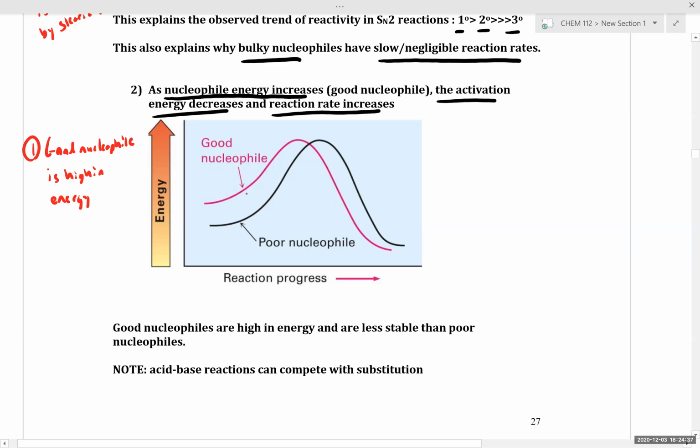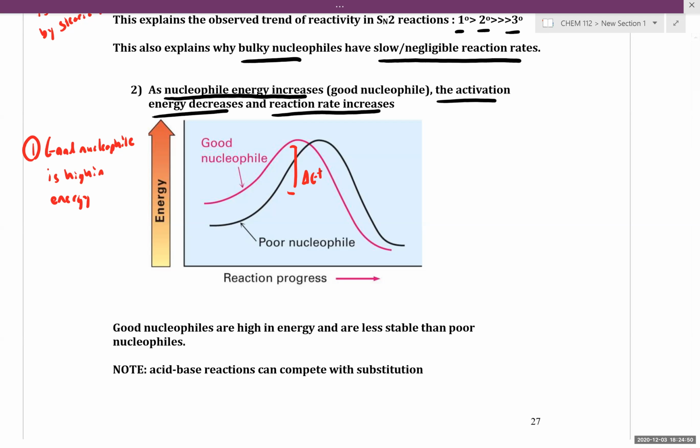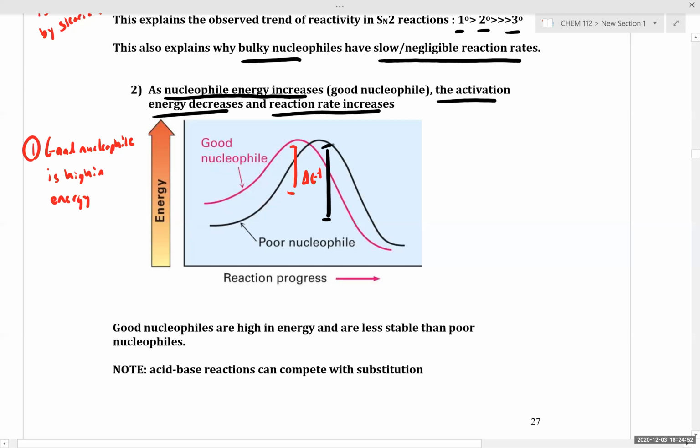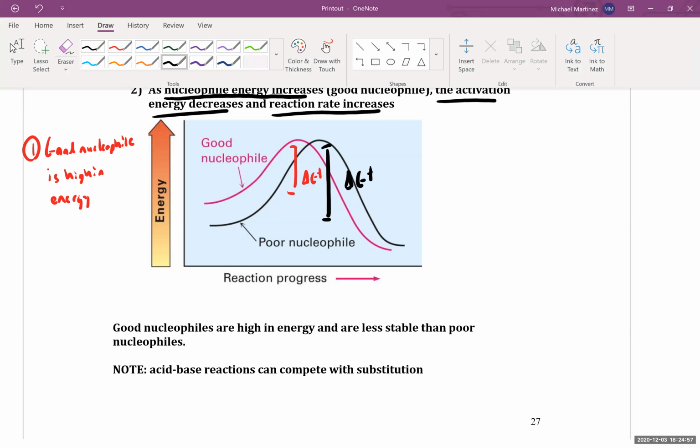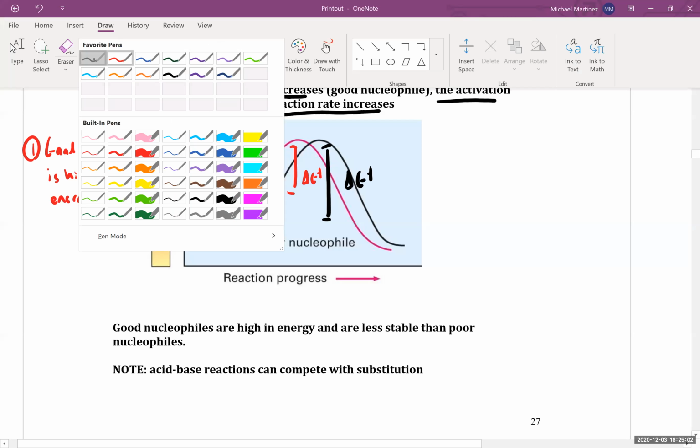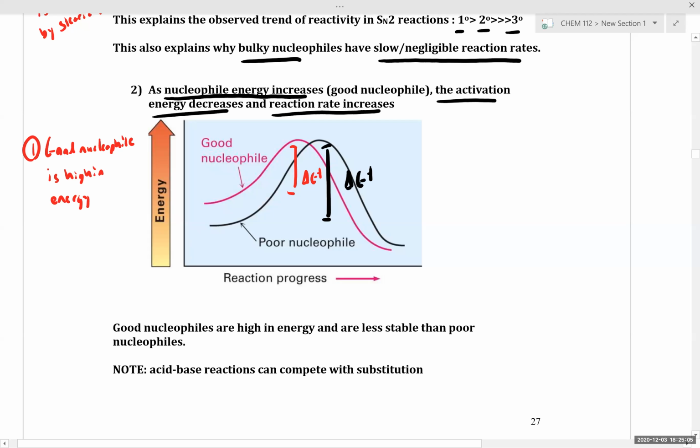So if we compare a good nucleophile to a poor nucleophile, we notice that the good nucleophile is higher in energy. So if we look at our activation energy, we notice something pretty interesting. Which of these reactions, the reaction with the good nucleophile or the poor nucleophile, which one of these reactions has the lower activation energy?